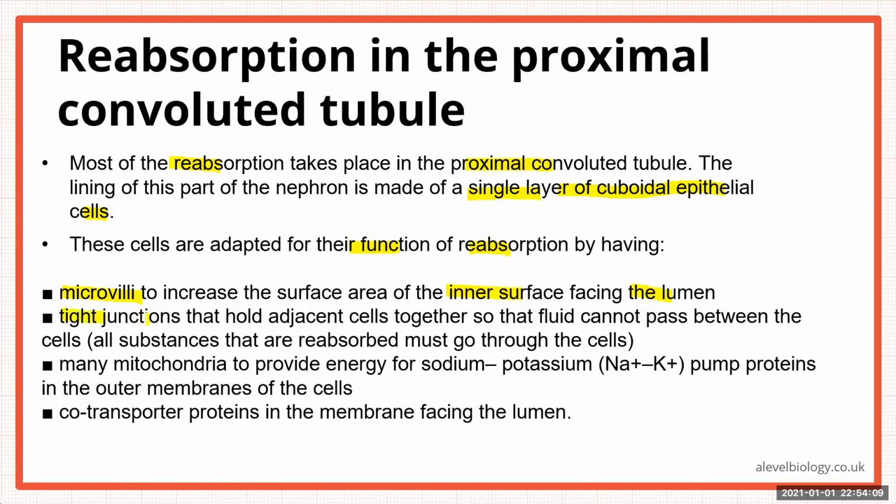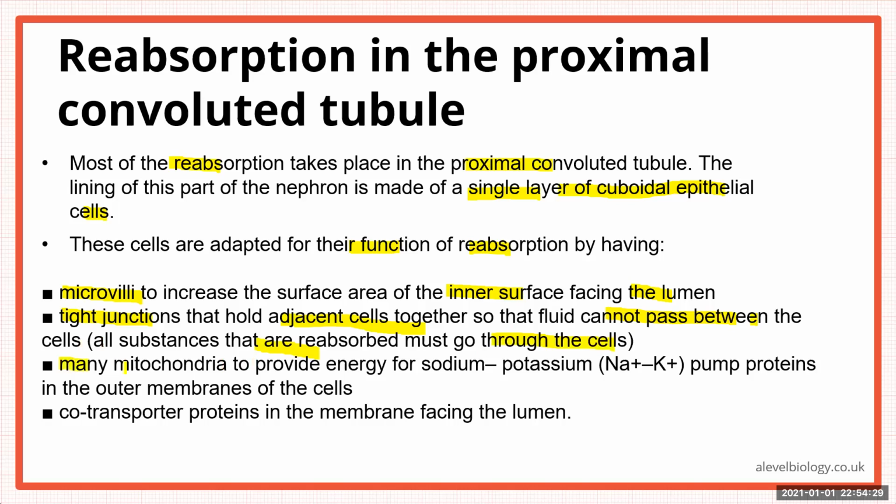These cells have tight junctions that hold the adjacent cells together so that the fluid cannot pass between the cells, right? So we'll compare these with the cells of the glomerular capsule, Bowman's capsule, as well. So fluid cannot pass between these cells. All the substances have to be reabsorbed and they must go through the cells. So there's a difference.